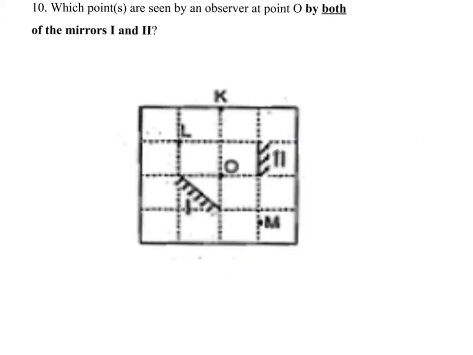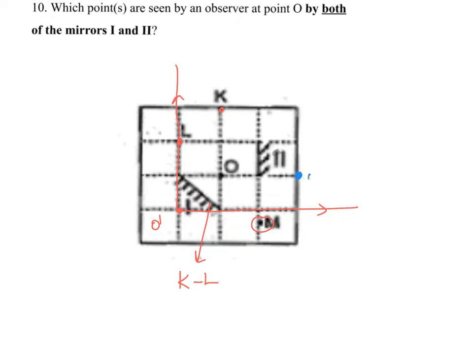Let's find which points can be seen by the observer O. Take the symmetry of O according to the first mirror and then draw two lines to the edge of the mirror. So you see that it is passing over L and K is in between the two rays. So from the first mirror I can see the points K and L but not M. So do the same thing for the second mirror.